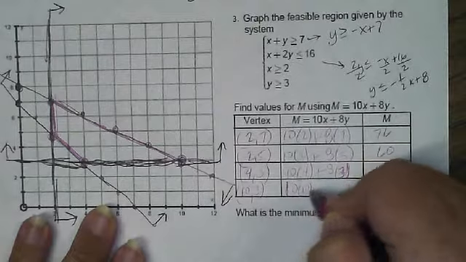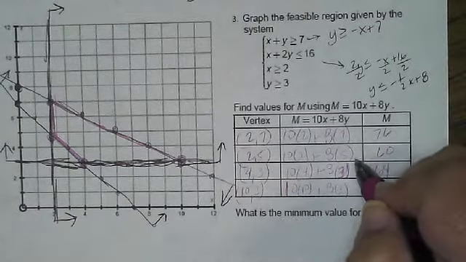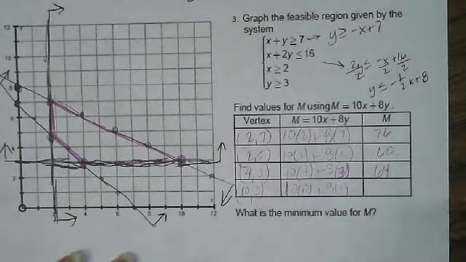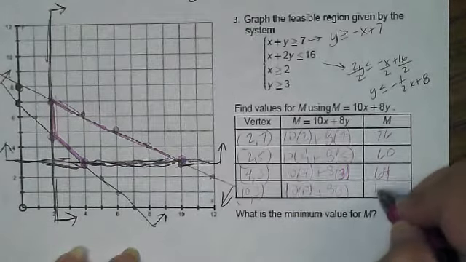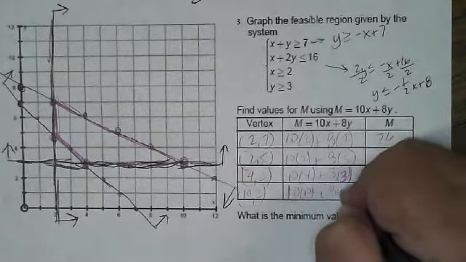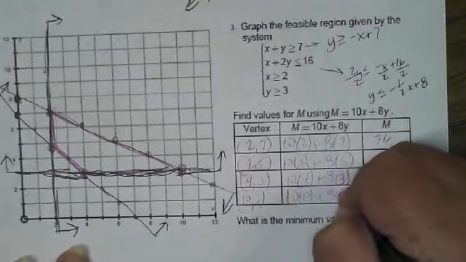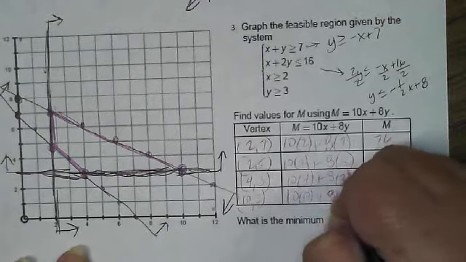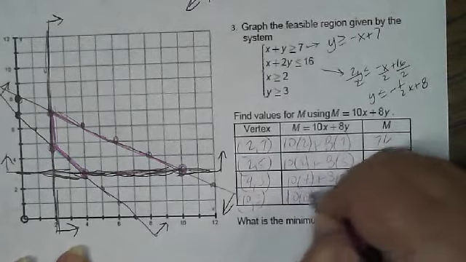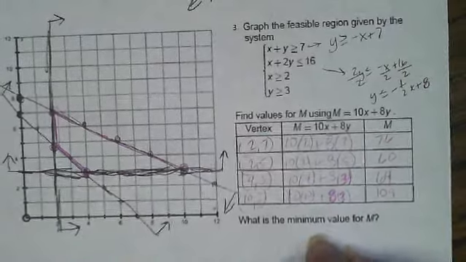So 10 times 10 plus 8 times 3 gives us 109. No, sorry, 8 times 3 is 24. I thought that was 3 times 3. My apologies. There we go. So 8 times 3 is 24. It's 124.